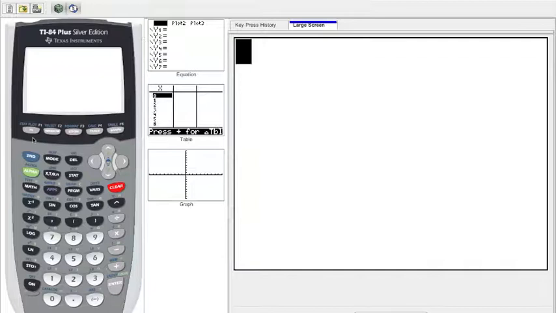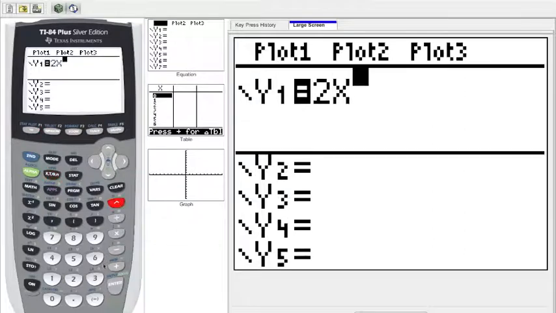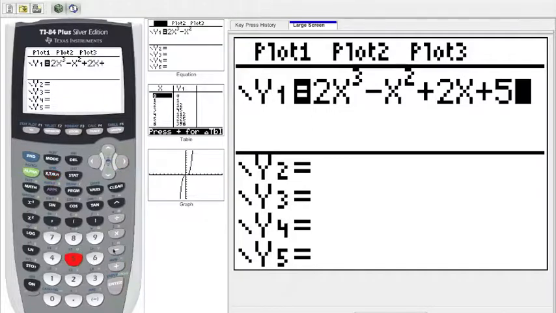So we're going to our graphing calculator and we're going to enter the equation 2x to the third minus x squared plus 2x plus 5. And we want to do the guess and check.